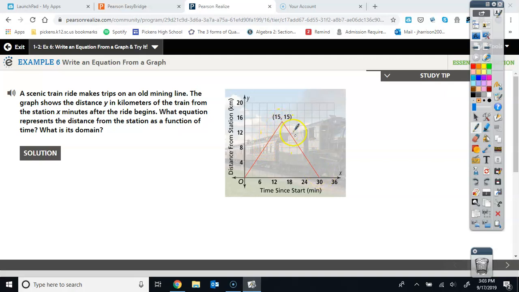But look at that graph. Notice it is right 15, up 15, and it is opening downwards on both sides. That would be an absolute value with a negative. It was right 15, so it'll have minus 15. And then it is up 15, so it'll have plus 15.